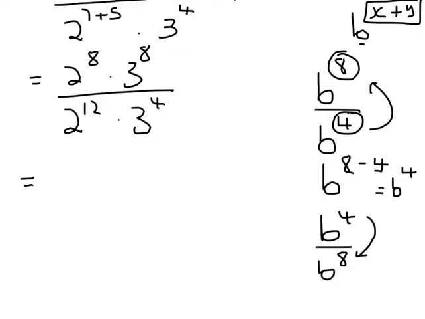The statement remains, the smaller exponent will always visit the bigger exponent, which means in this case, you end up having 1 at the top over b to the exponent of that bigger exponent minus the smaller exponent. So in the end, it ends up being 1 over b to the exponent of 4, because 8 minus 4 is 4.